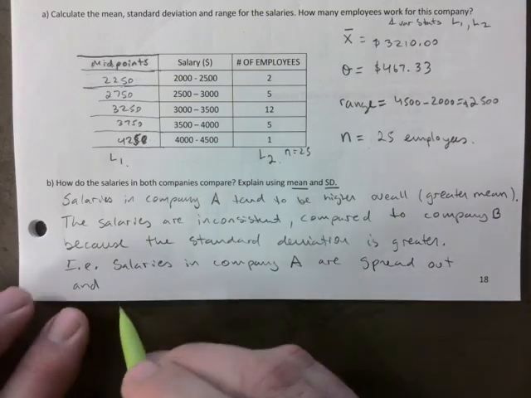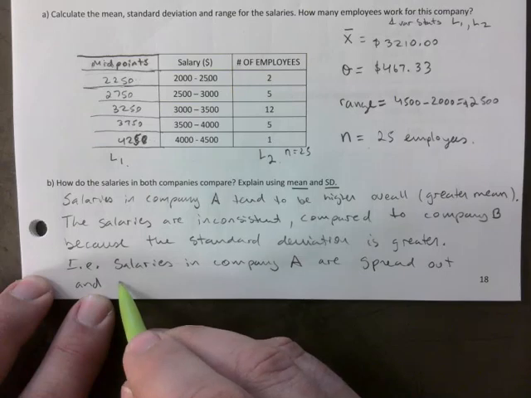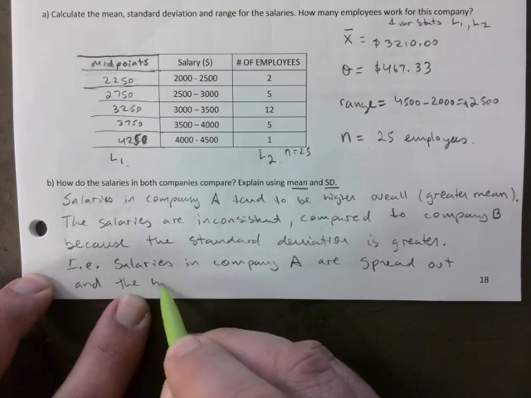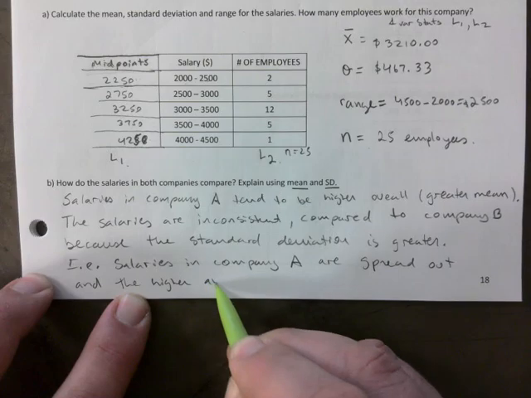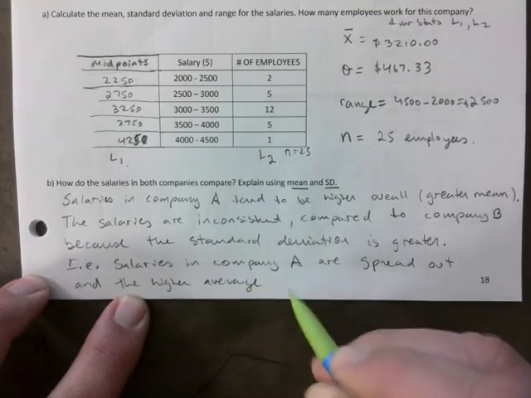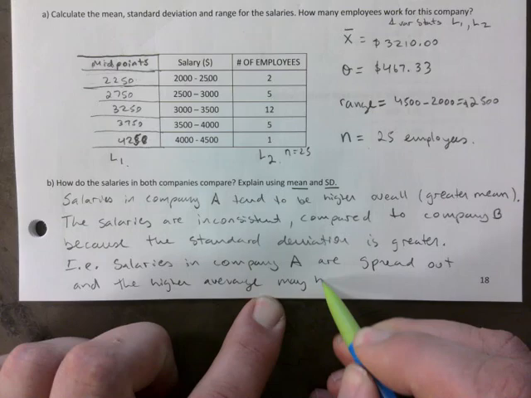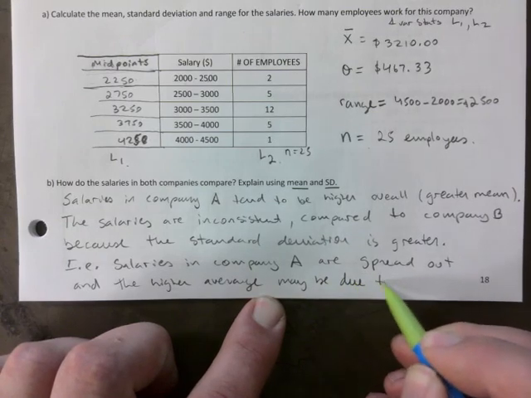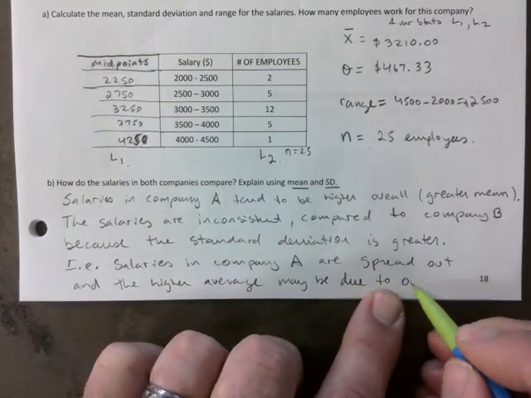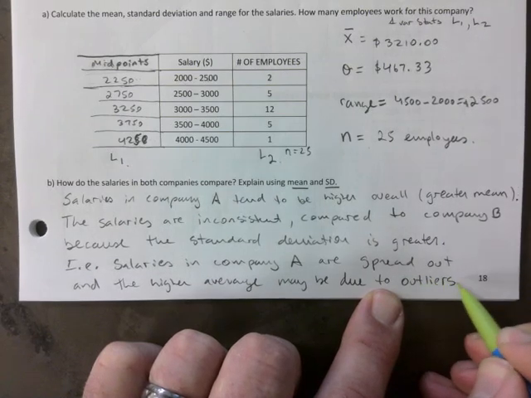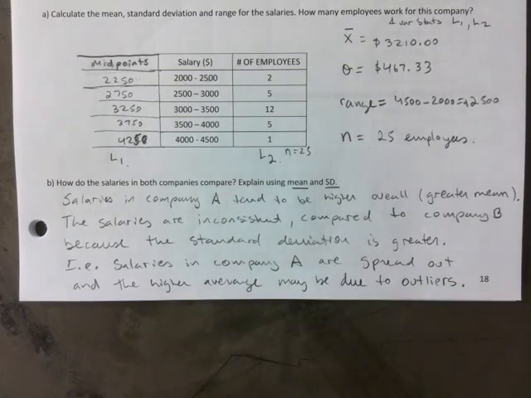So they are spread out, and the higher average may be due to outliers. That is honestly above and beyond. I think if you just had the first couple of sentences there, you're fine. Okay.